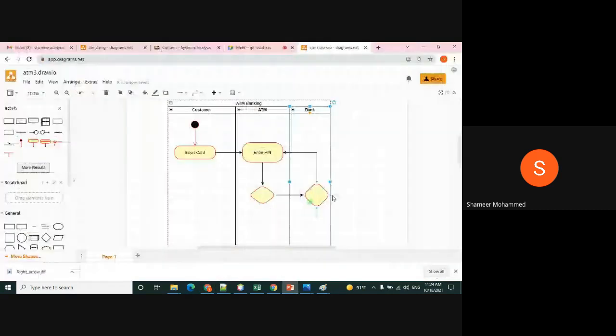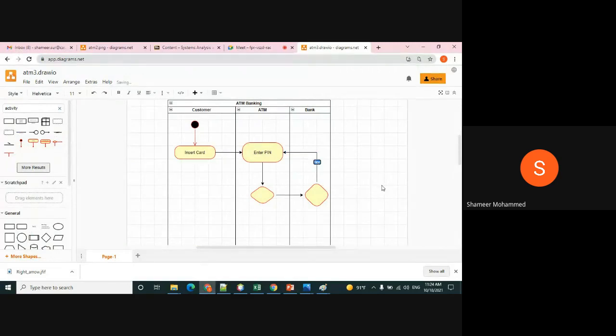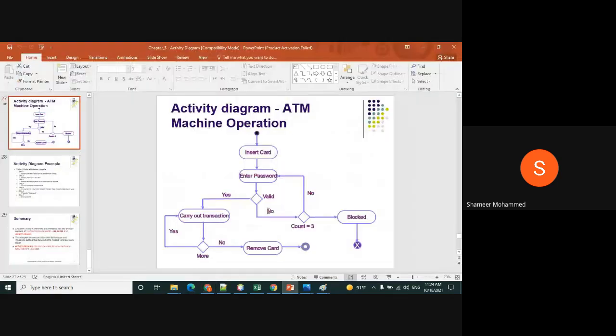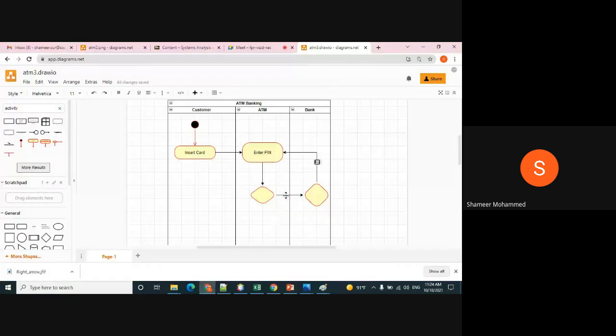When you double click this line, then you can say here no. Okay, then here also no. Keep the cursor over here, and if it is yes, the arrow should be bigger, then you can get that text.